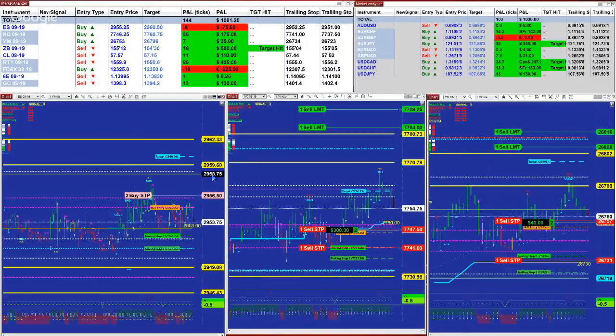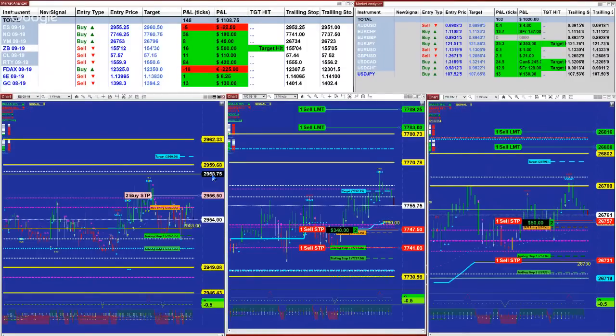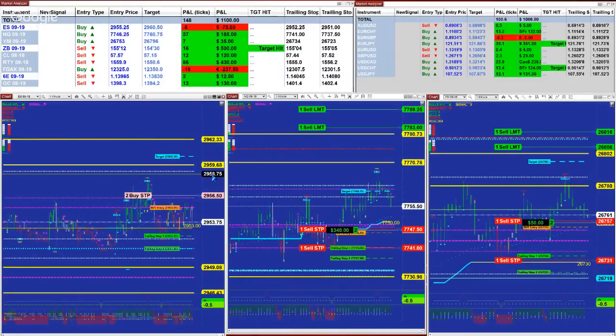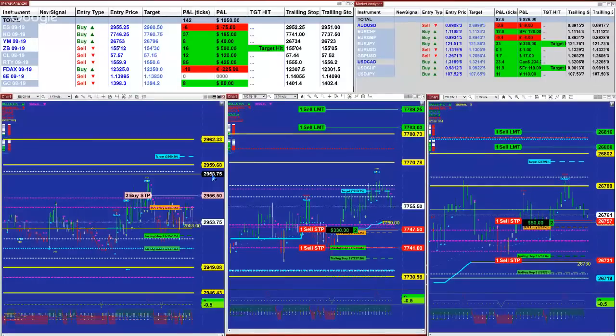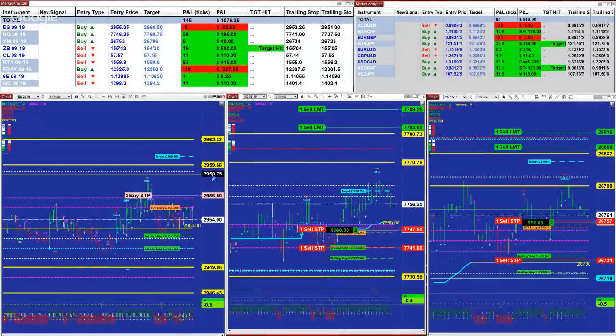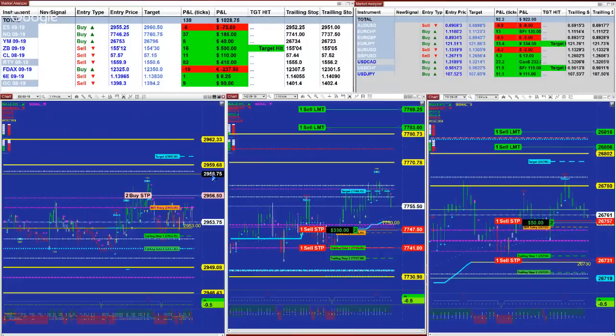So we can stay out of trouble by just looking at the chart and saying we are going to put the entry price right above. As you see, the Nasdaq and the Dow Jones are trying to go to the long term trade, and the ES is just struggling to stay above the number.